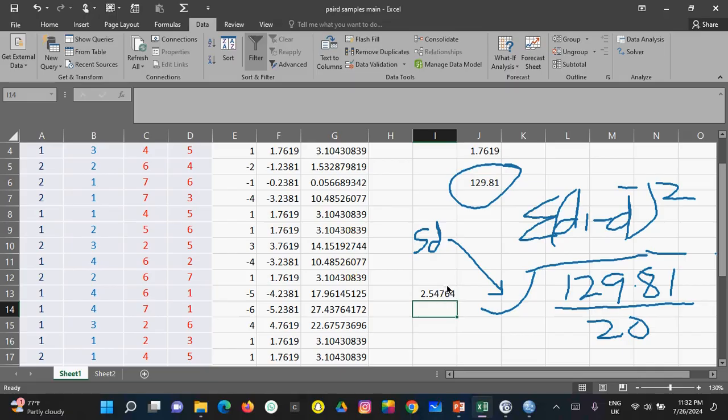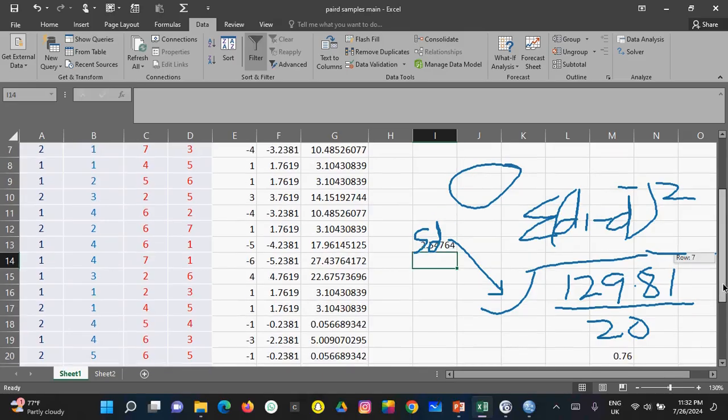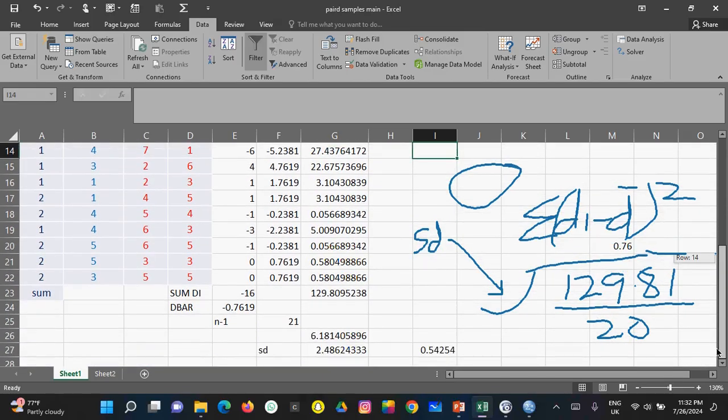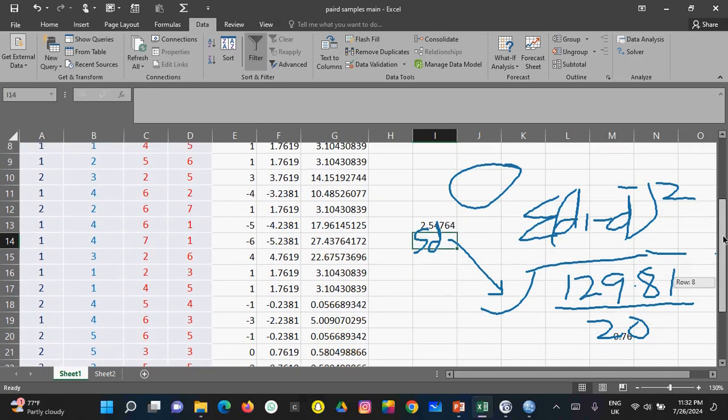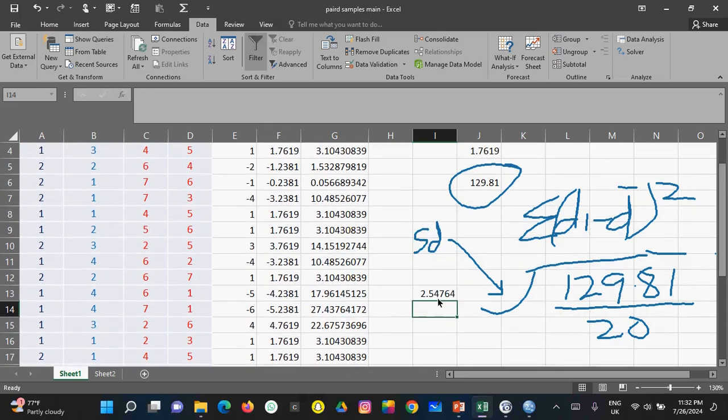Press enter. I had 2.5476 as SD. Okay, I had a different SD here, but this is what it's supposed to be: 2.54764. This is going to be our SD.